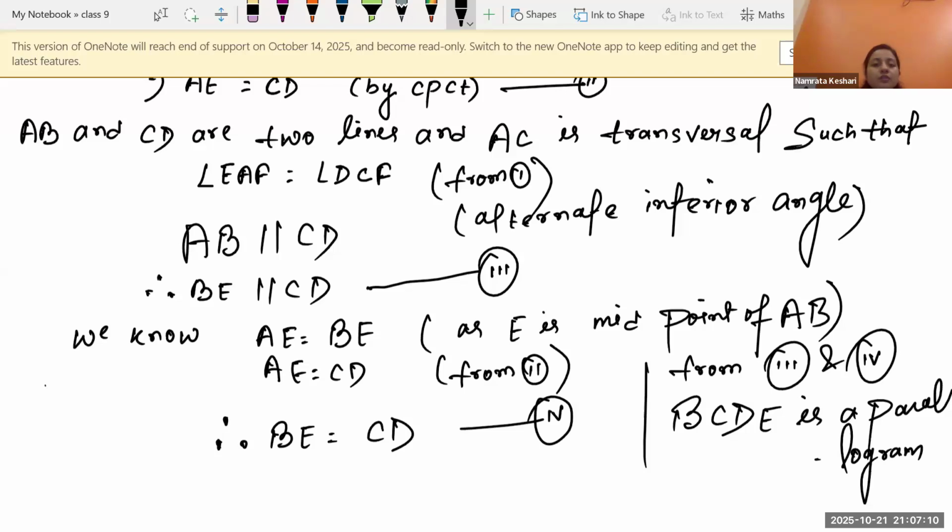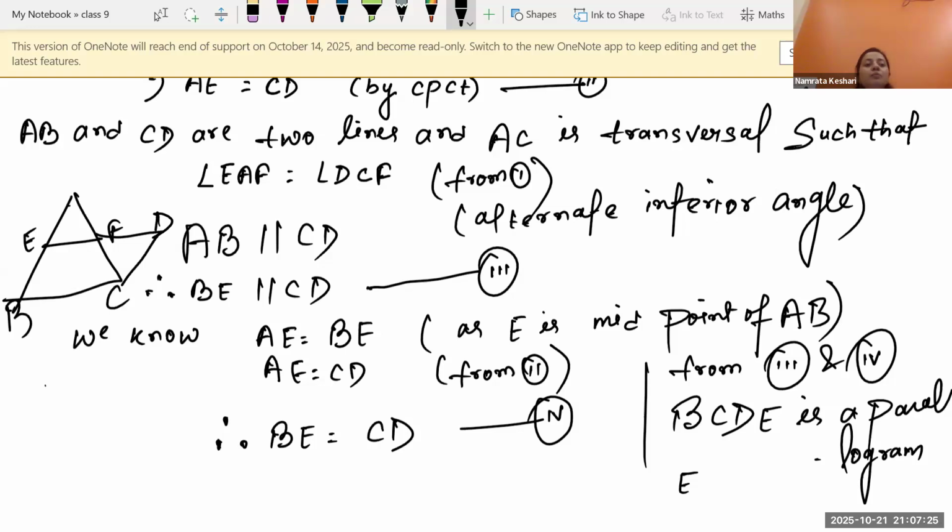So we were supposed to prove that in this triangle, EF is parallel to BC, right? If it's a parallelogram, then DE and BC are parallel. This side DE and this BC are parallel as well as equal.